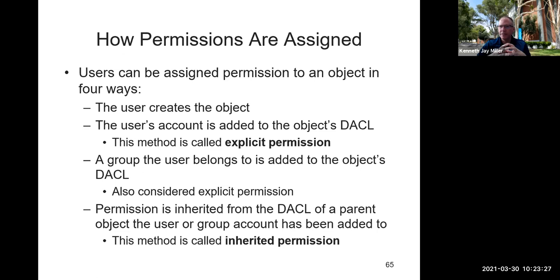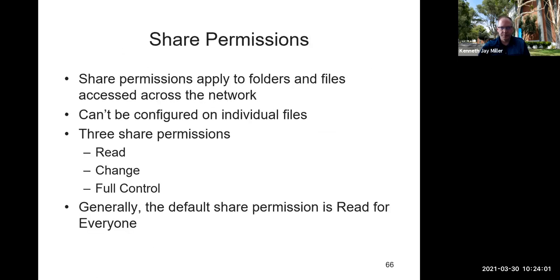So the principle of inheritance is if I create permissions on a folder, anything inside of that folder will have the same permissions as the original parent folder. If I create another folder inside of that original folder, and I create a file inside of that second folder, and then another file, all of that is going to inherit from the parent. Okay, so those are how the permissions are assigned, or how they make their way down to the user.